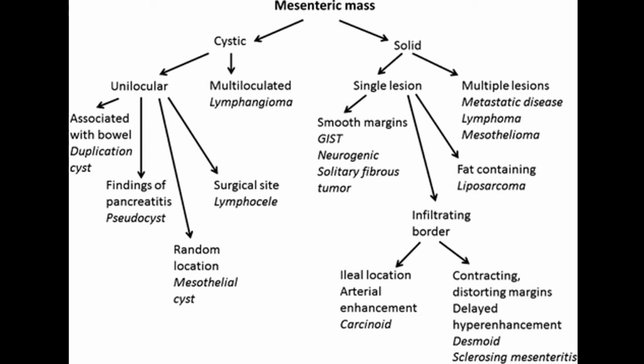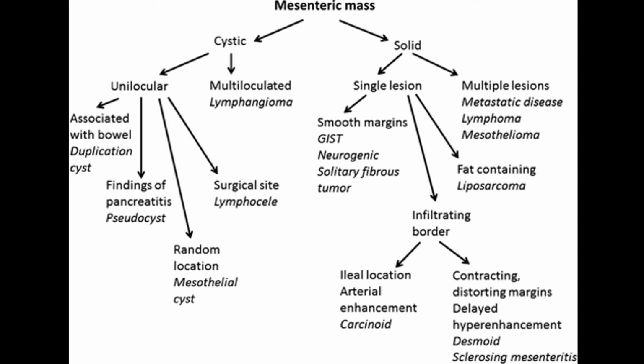And desmoid tumor is also a fibrous tumor similar to solitary fibrous tumor. Even desmoid can be well defined, but it will have certain desmoplastic reaction which is leading to a distorted margin. So early enhancement, very clearly infiltrating border, early enhancement, carcinoid. If it is delayed enhancement, then you think of desmoid or sclerosing mesenteritis.